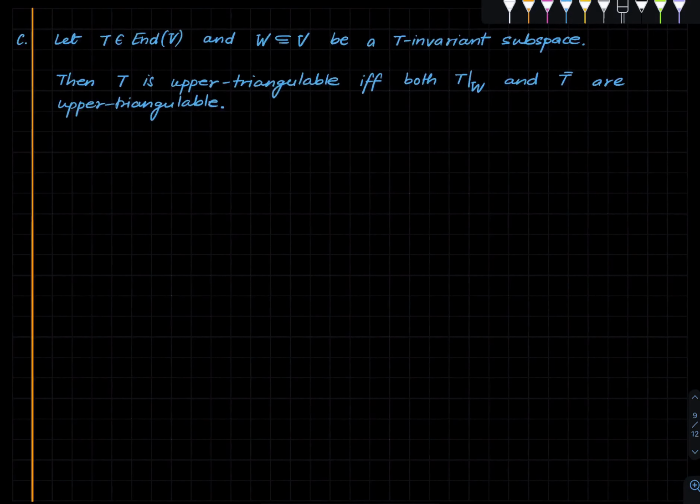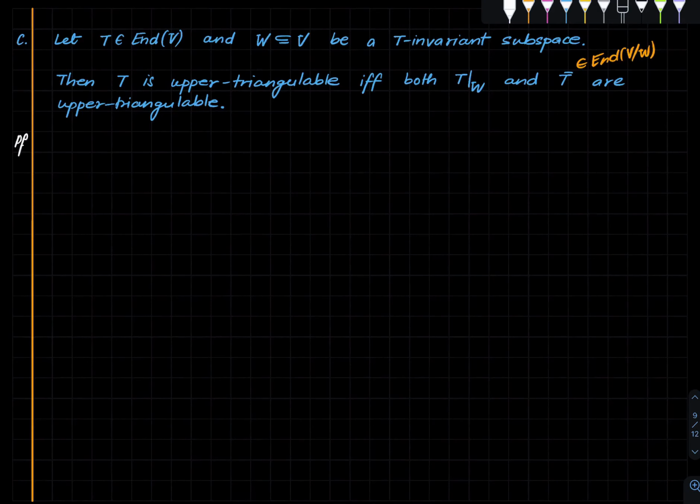All right, now we can read the corollary. So it says something very interesting. Suppose we have an endomorphism on a vector space V, and W is a T invariant subspace. Then T is upper triangulable if and only if the restriction of T on W and the endomorphism induced on the quotient are upper triangulable. Right?